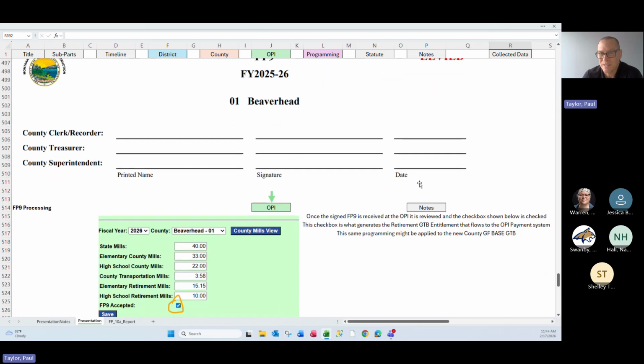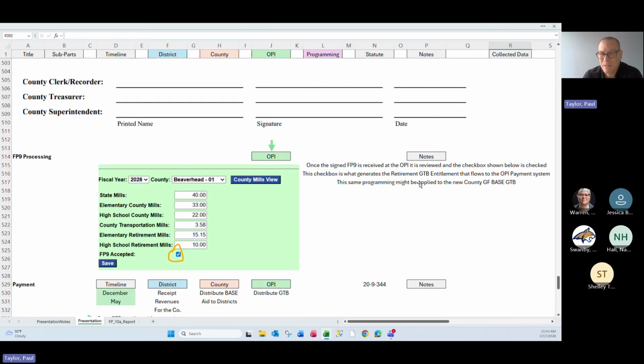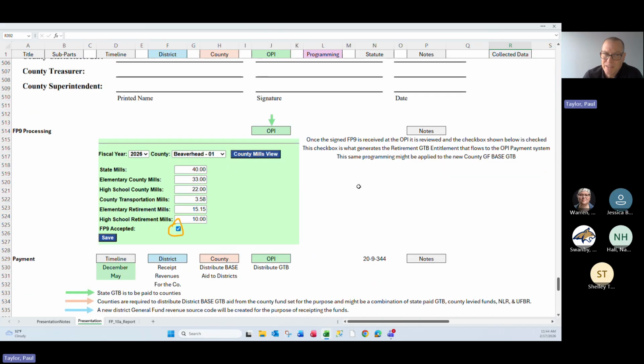This is a little bit fun and scary part. When we receive that FP9 form signed and returned to the OPI, somebody quite literally goes into the Mayfair system one last time, and they go to this FP9 has been accepted, and they check that checkbox.